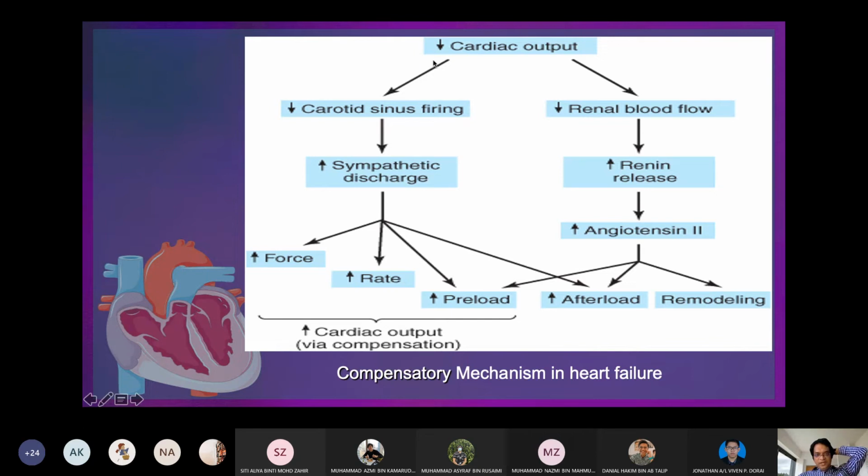At the beginning, during the onset of heart failure, definitely there is a decreased cardiac output, right? But eventually compensation increases cardiac output, but the pathology is already there. The mechanical or volume defect is already there. Because of forcing by these two mechanisms, the heart tries to compensate with increased cardiac output.